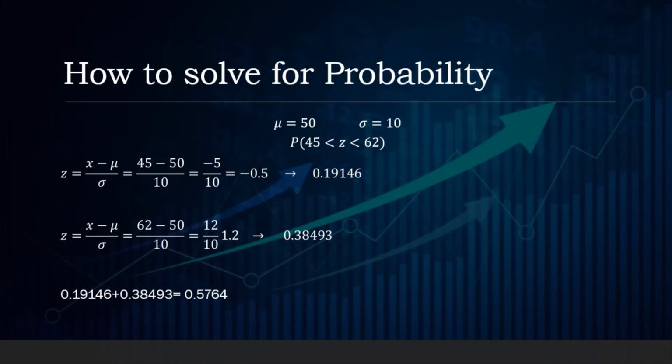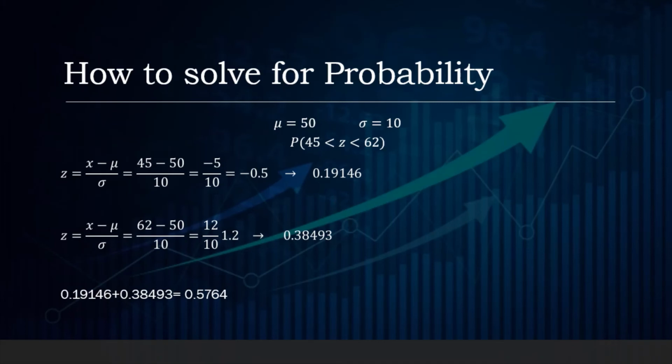So, hahanapin natin yung negative 0.5 and 1.2 sa Z table. So, equivalent ng dalawa ay 0.19146 and 0.38493.